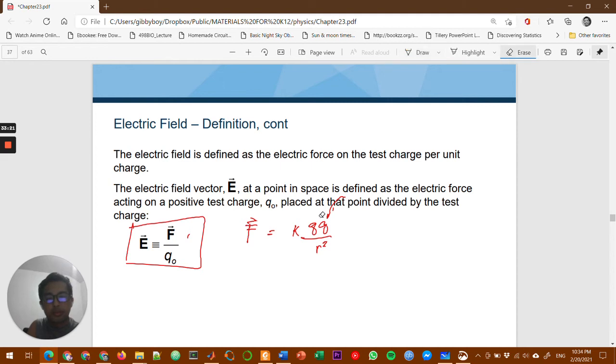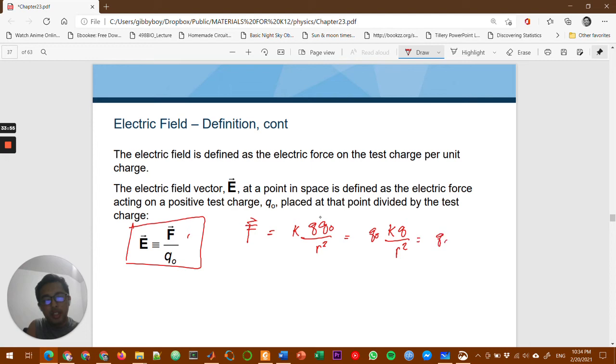For example, take a look at area A and area B. If I put a piece of plywood, say that's area A, and count the number of electric field lines there, it's greater than the number of electric field lines I can count in area B. So I can conclude that the electric field is stronger in area A compared to area B because of the number of electric field lines passing through that area.